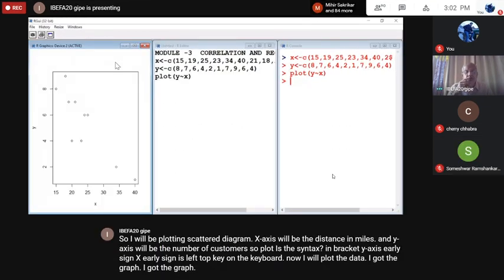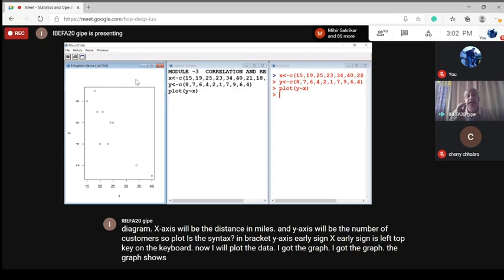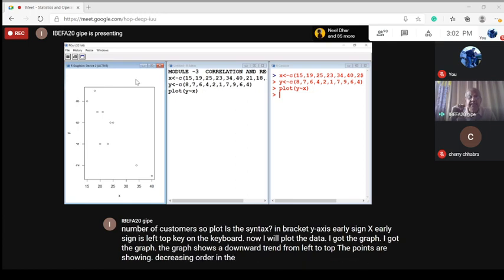The graph shows a downward trend from left top. The points are showing decreasing order in the graph as X increases.